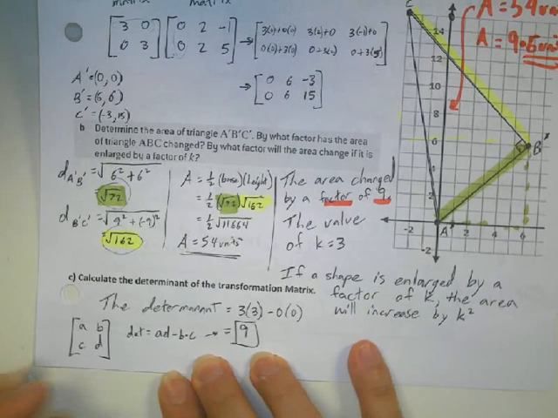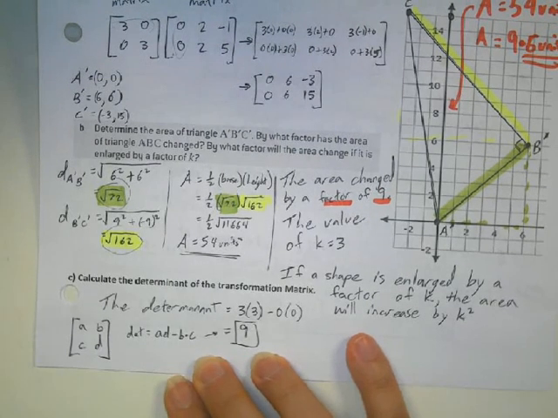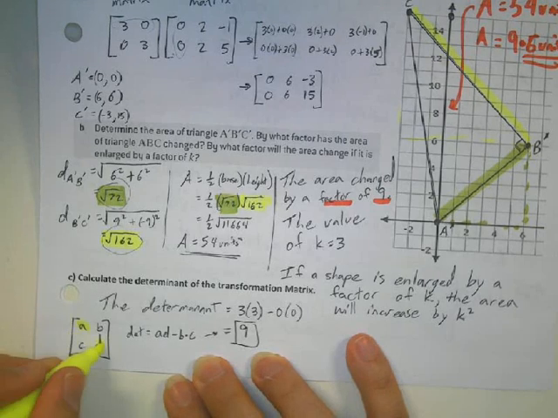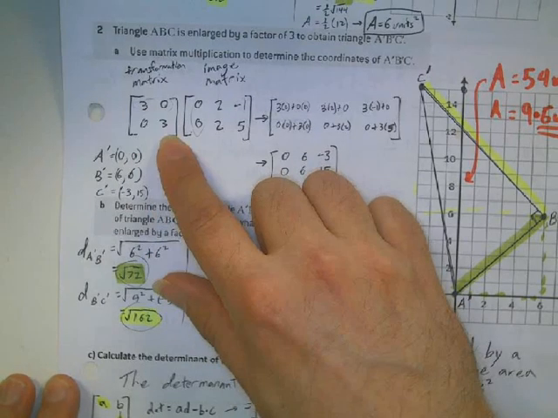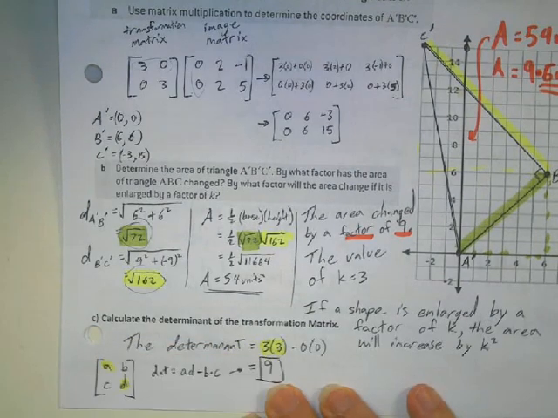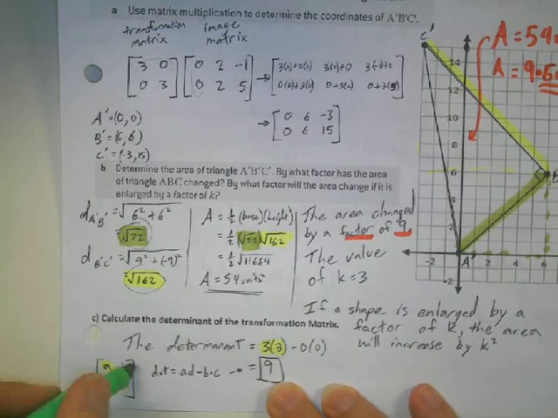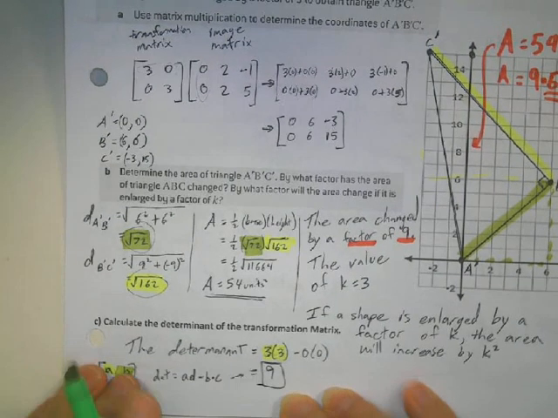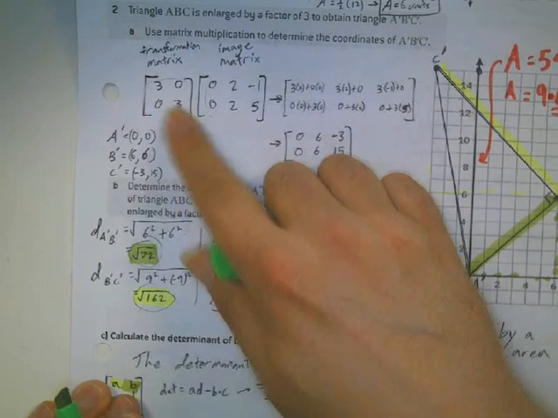So A times D is going to give me 3 times 3 minus C times B, which in this example here is 0 times 0.